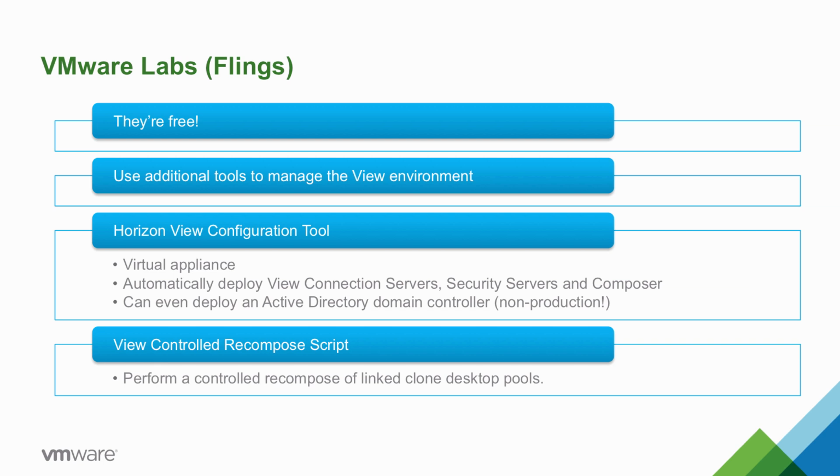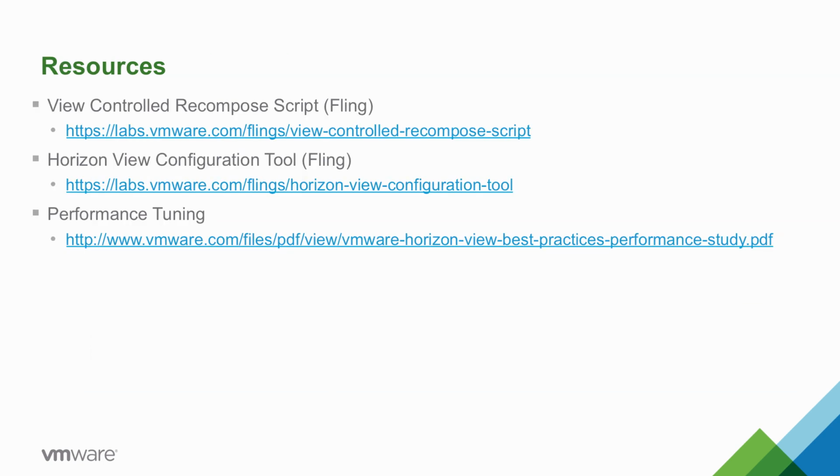There's also a View controlled recompose script that allows you to perform controlled linked clone recomposes. So it allows you to input a bunch of parameters to be able to control how a recompose happens so that you can maintain availability throughout a recompose. These are just some locations for some of these resources and also a resource on performance tuning.